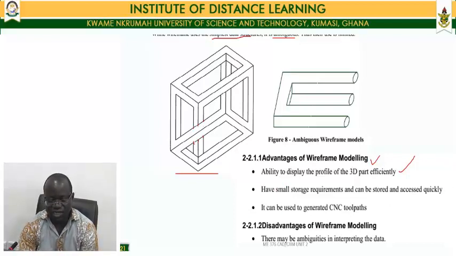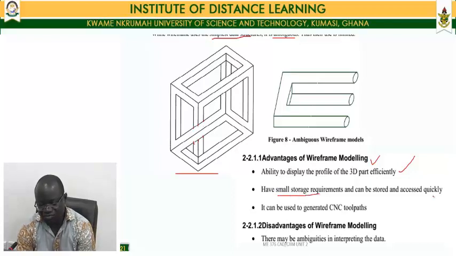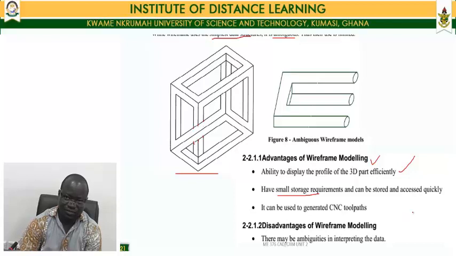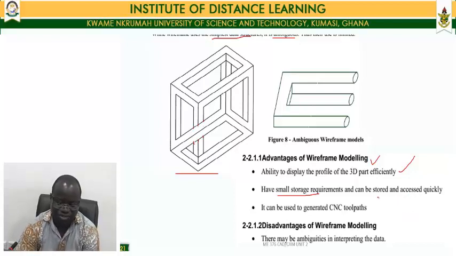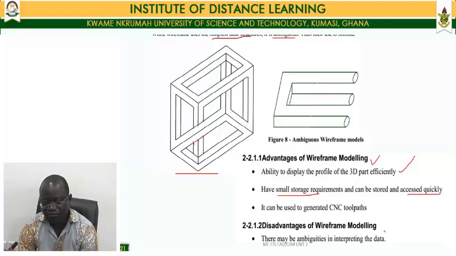Now, wireframe can also be used to generate CNC toolpath. That is, when you have a CNC machine, you can use a wireframe representation to generate the path that the tool will have to travel to do the material removal for it to create the part.